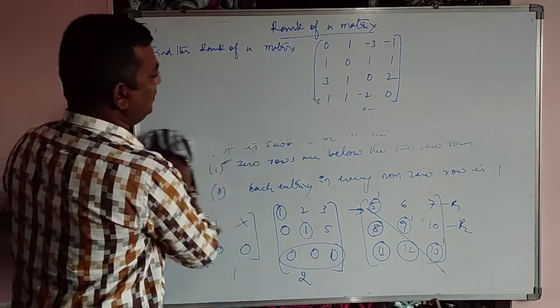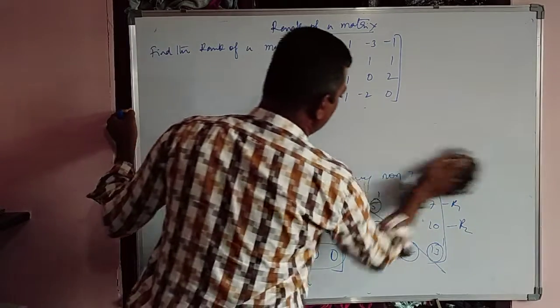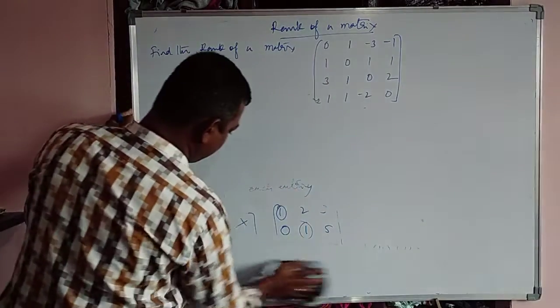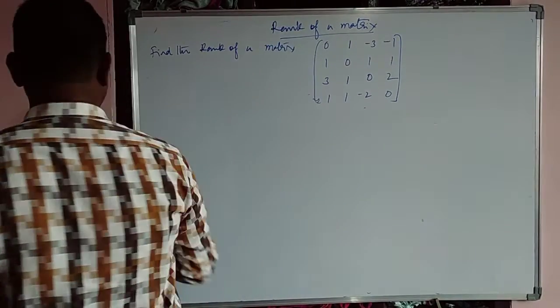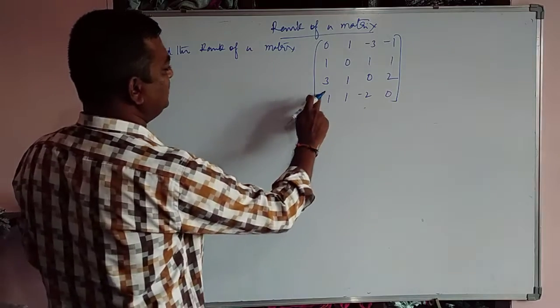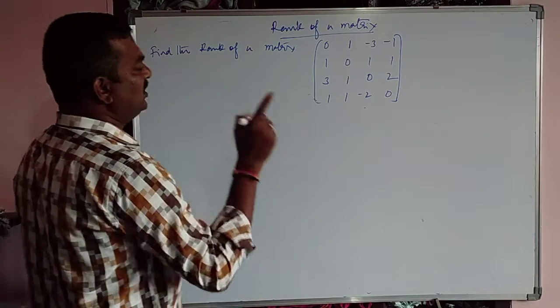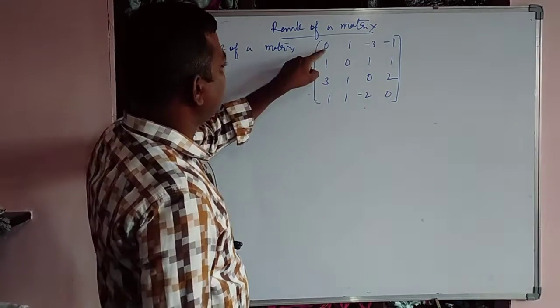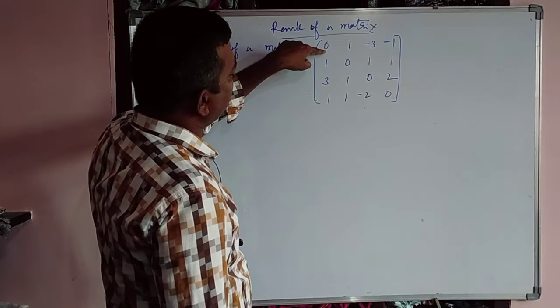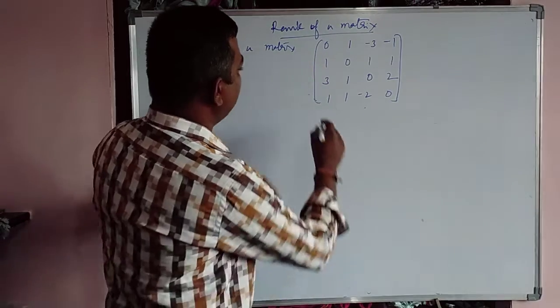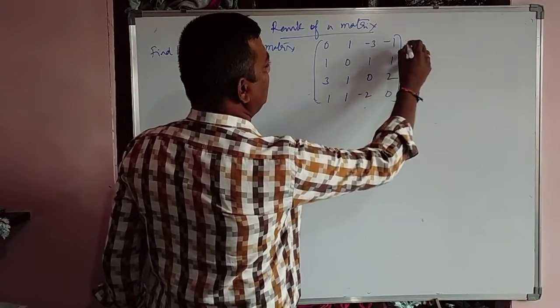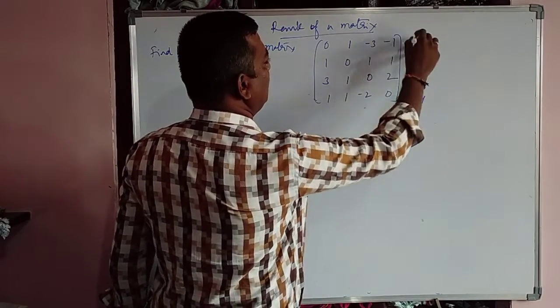Now let us find the rank of this 4 cross 4 matrix. It's very easy, students, very simple and very easy. Just reduce it into echelon form. As I mentioned already, the first row, first column entry should not be 0 here. So for that, I am interchanging this row and this row, that is R4 and R1.